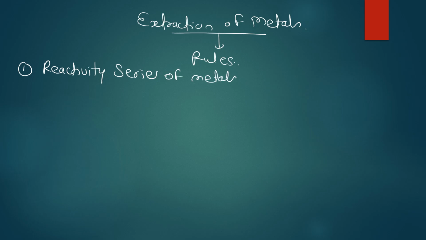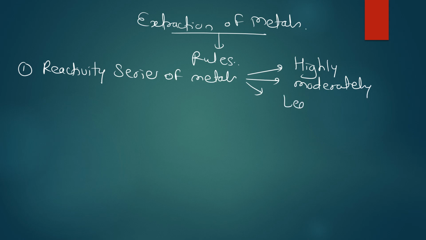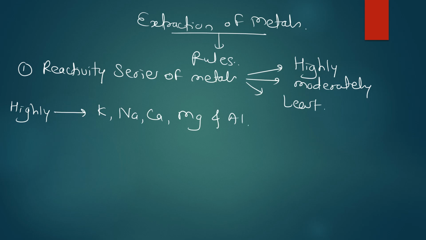From that we have three types of metals. First one is highly reactive, secondly moderately reactive, and third is least reactive. So let's see one by one. Highly reactive ones, which are those? Potassium, sodium, calcium, magnesium and aluminum, these are the highly reactive.